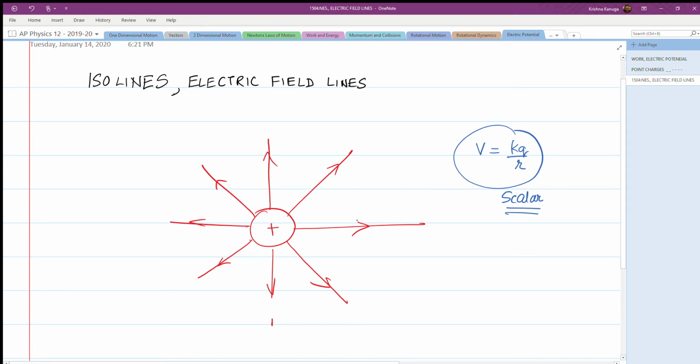So in the case of a positive point charge, if you were to be on the surface of a sphere with the charge at the center of the sphere, then the potential on all the points on that sphere would be constant. We would call that an equipotential surface.